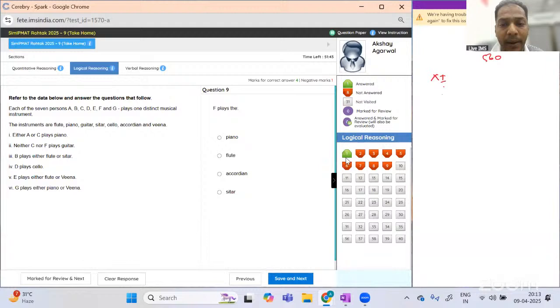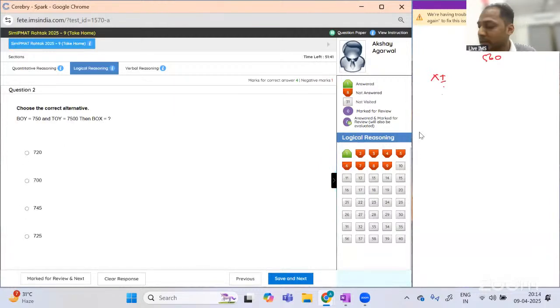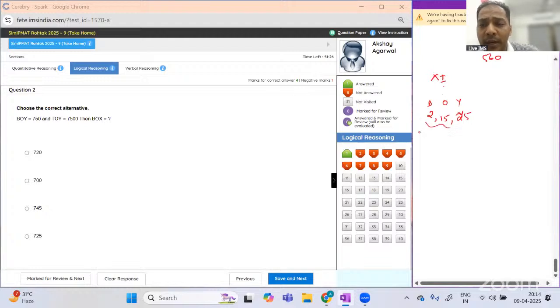Okay, I might have to use numbers and such things. Let me see. B is 2 and Y is 25. B, O, Y is 25. O is the 15th letter. 2 into 15 into 25, multiplication. Toy is T is 20, 15 and 25.